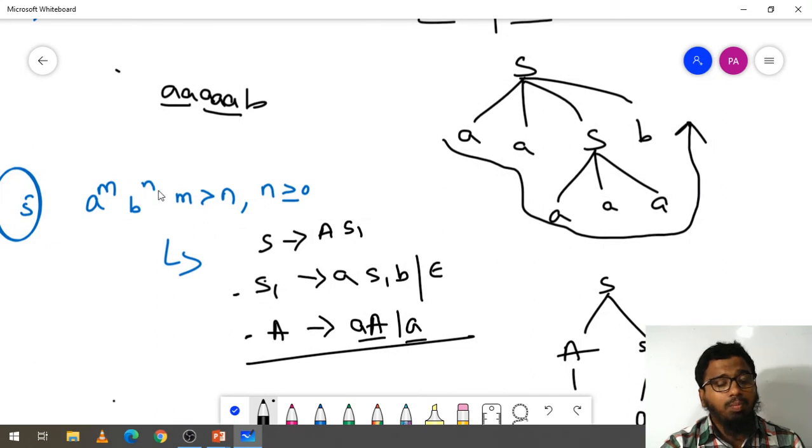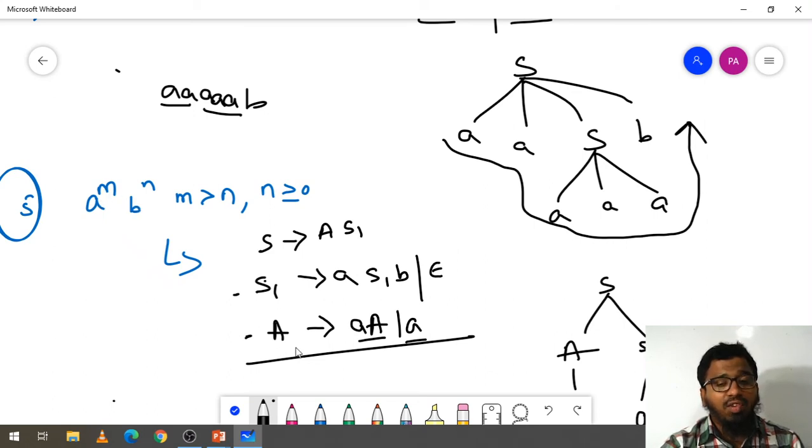A^m B^n, and m should be greater than n, meaning whatever the B power value, A power m should be more than B power n. So for that, S1, I am taking S1 or S dash, you can take anyone, S1 A S1 B. This is for even number of A's and B's, but we want m greater than n.